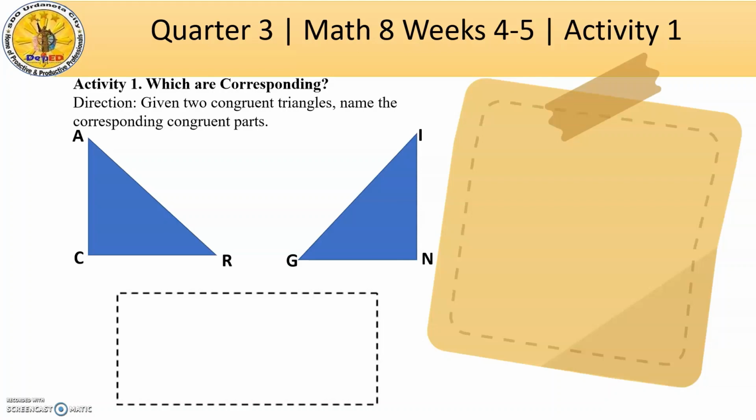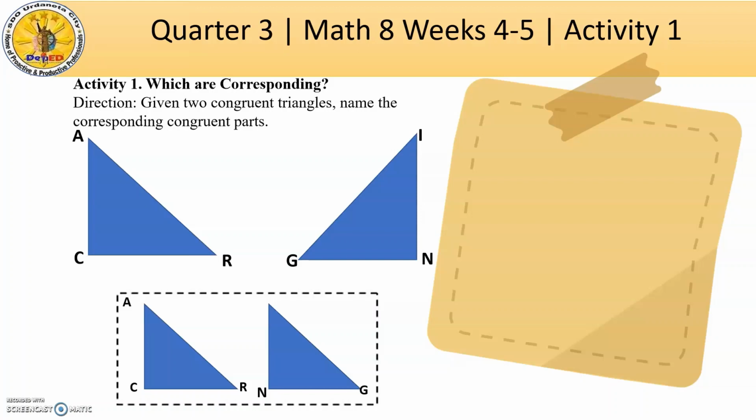To visualize the congruence easier, again, let's turn one of the two triangles for them to have the same position. You have triangle CAR and triangle NIG.